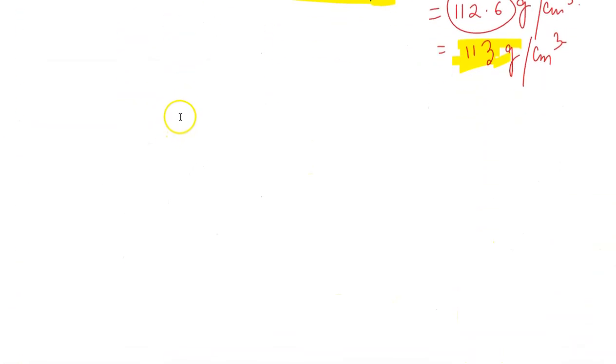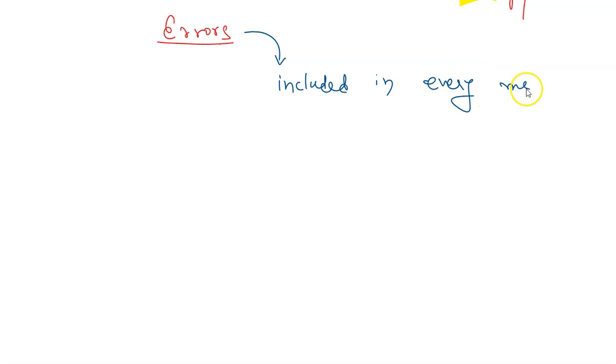So now we will move towards error analysis. So we are going to explicitly look into the errors that are included in every measurement. So we have already seen what could be the reasons for the errors.